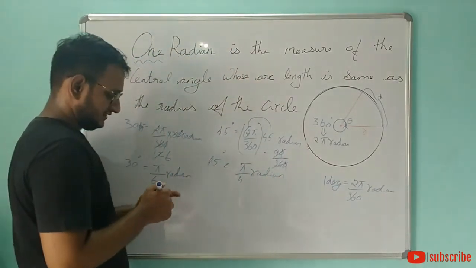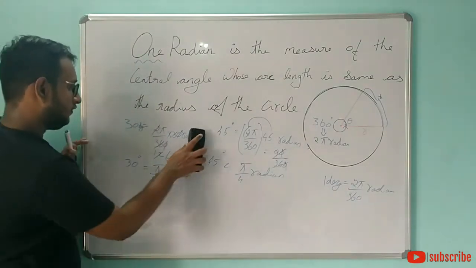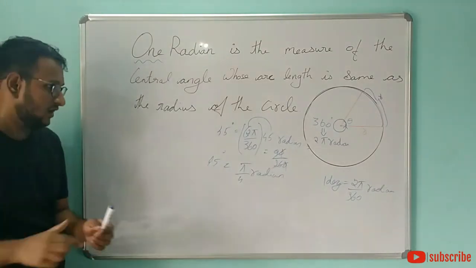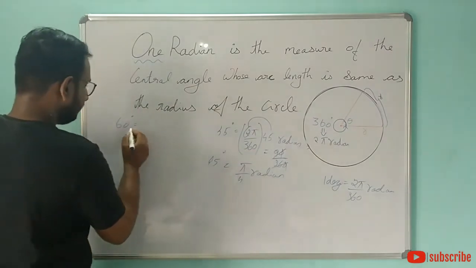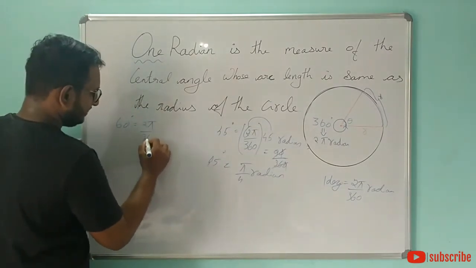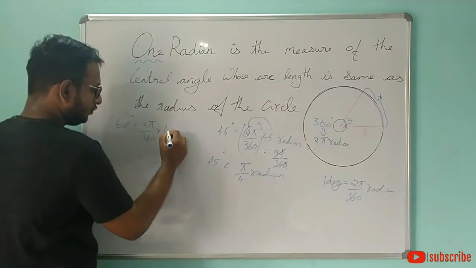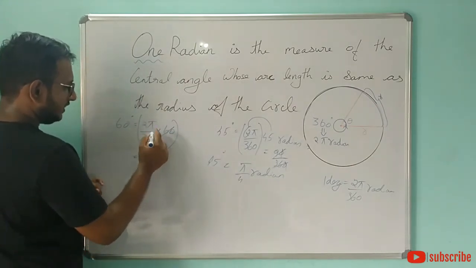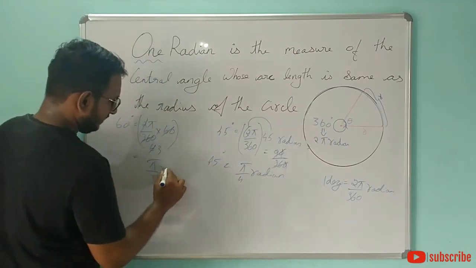Now we will go for 60 degree and 90 degree as well. For 60 degree, we apply the same logic. For 1 degree we have 2 pi by 360 radian, so into 60, we get pi by 3 radian.